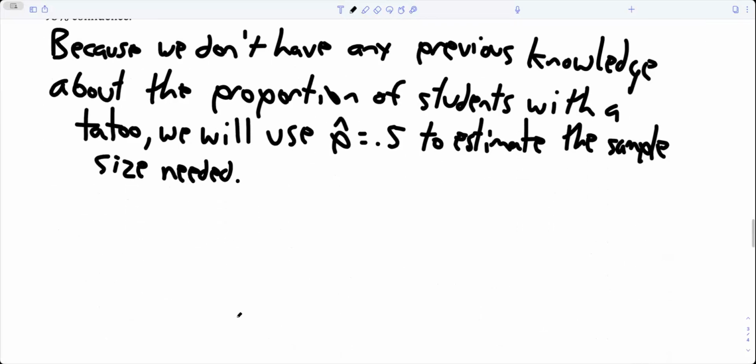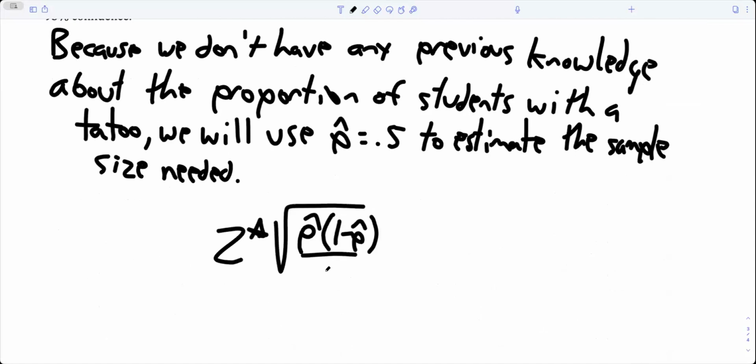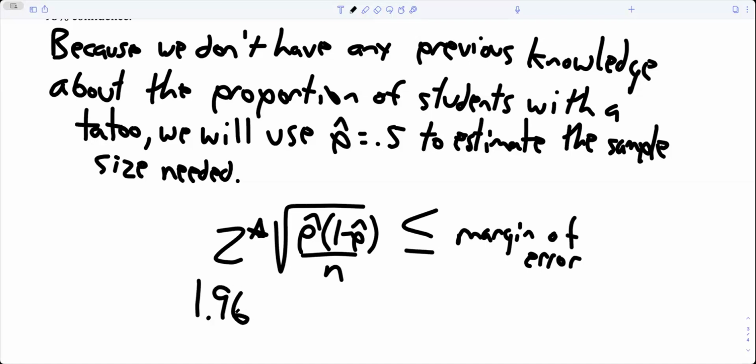So here's my formula. We've got Z critical value times square root of P hat times 1 minus P hat divided by n. This must be less than or equal to margin of error. So my Z critical value, what's my confidence level? 95, therefore Z critical value is 1.96.